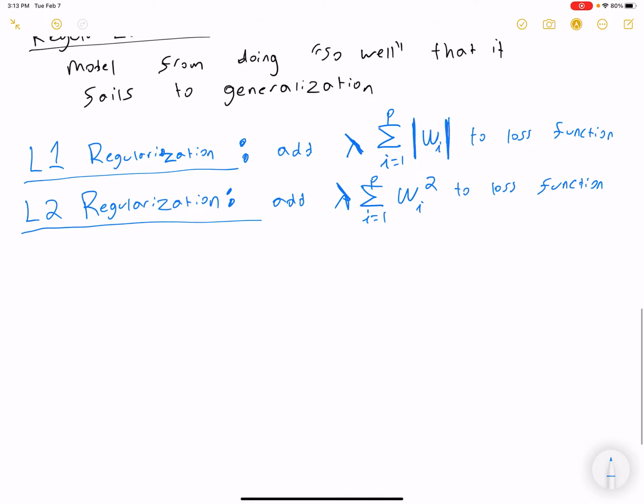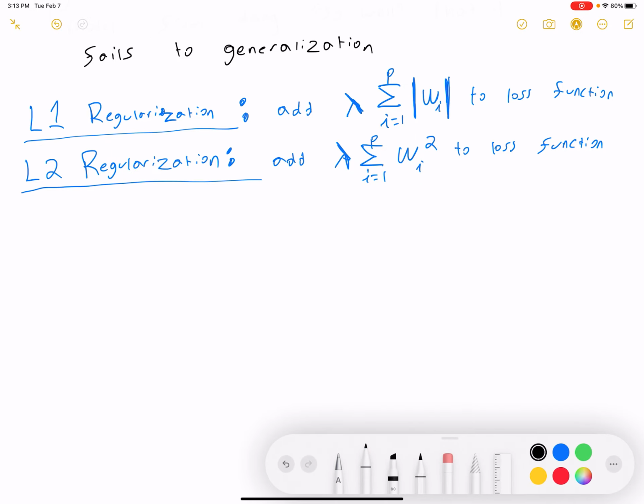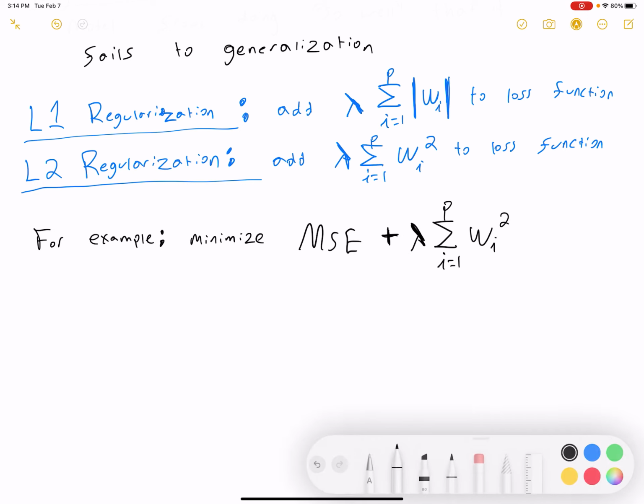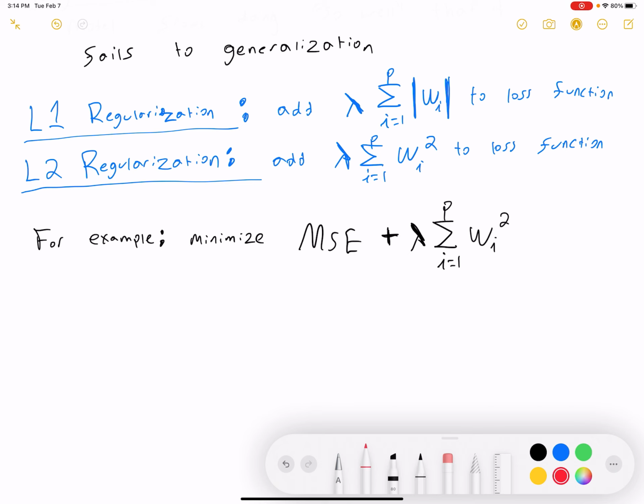So for example, our loss function might be minimize, and I think when I wrote this out, I wrote the whole equation for mean squared error. I'm just going to write MSE for short, just so you're not confused about that, plus this regularization term. And that would be now our entire loss function.